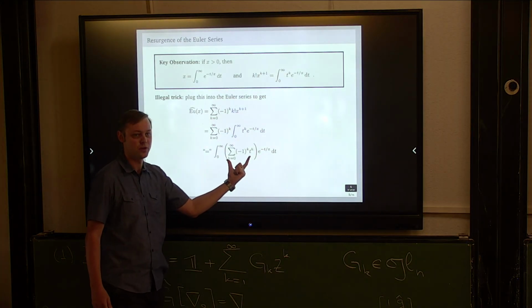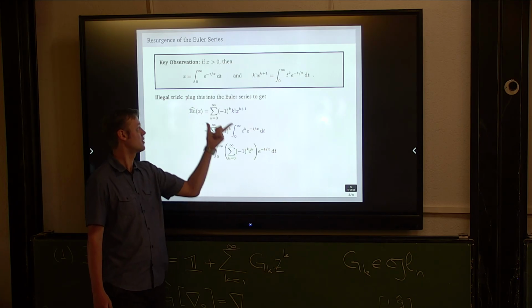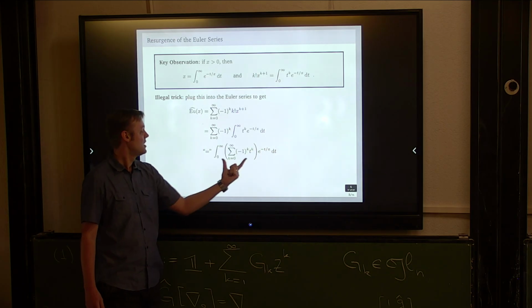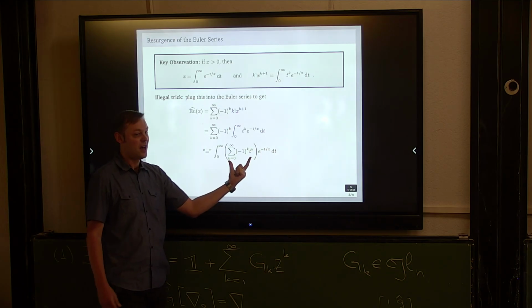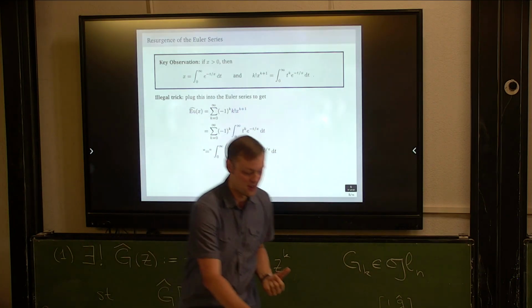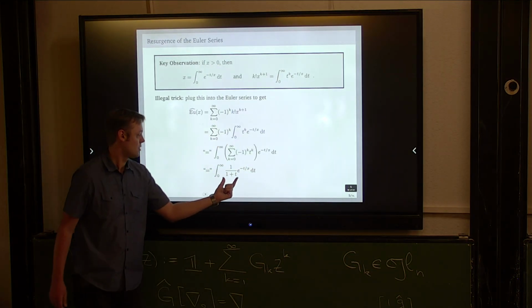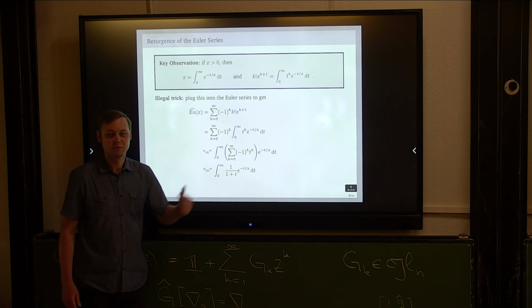First of all, it's a power series in t, which has a non-zero radius of convergence, right? In stark contrast to the Euler series, this has a non-zero radius of convergence, and moreover, within its disk of convergence, it has a very nice expression as a meromorphic function, right? It's just this wonderful fraction, 1 over 1 plus t.